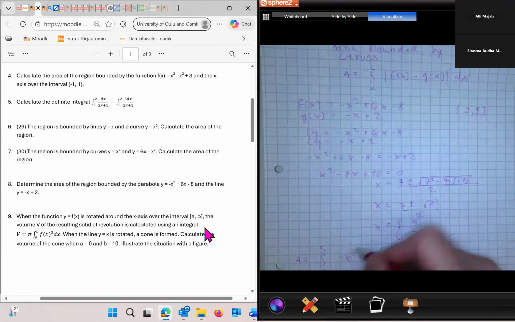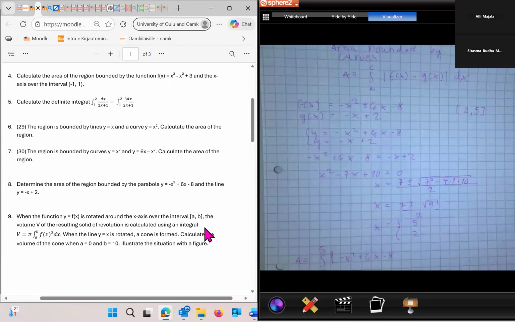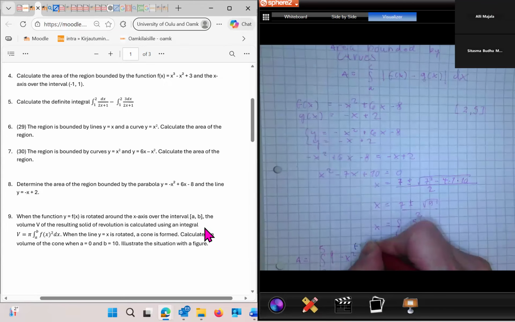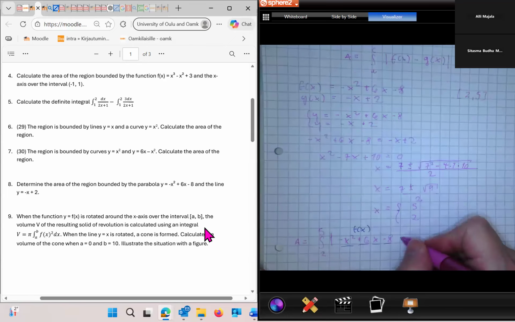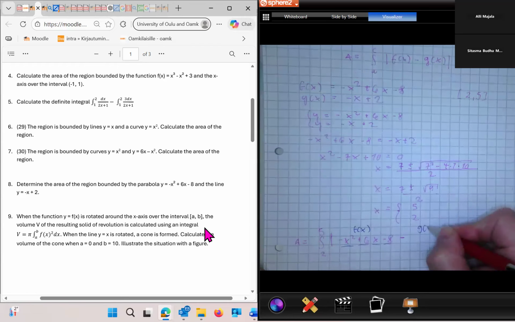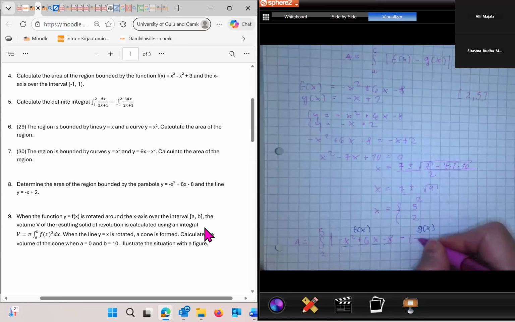I didn't write the absolute values in there. So this is obviously my f(x). This, and then minus, and then I write my g(x), which is minus x plus 2. And that's my g(x) there.